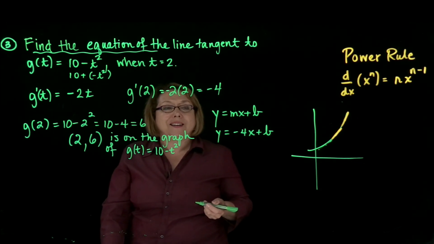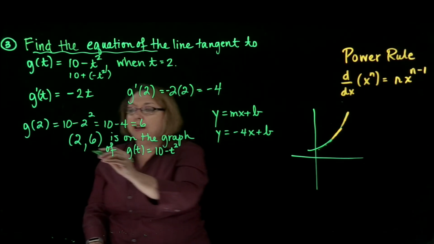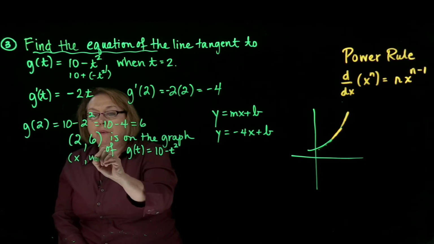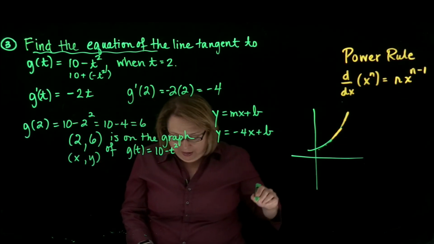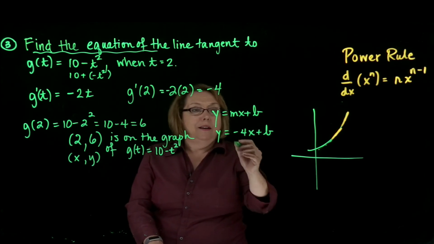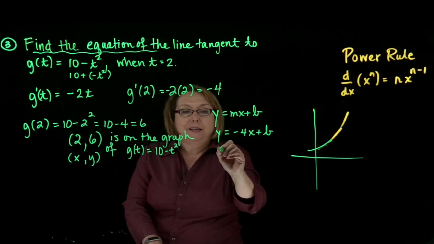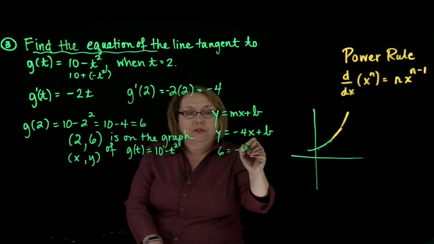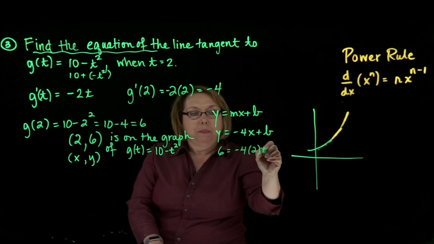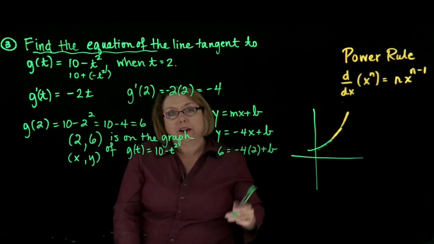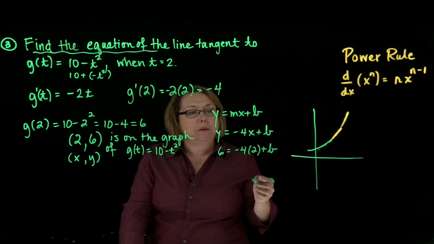So let's go ahead and plug in our xy ordered pair that we now know. y is 6, and x is 2. And now I can solve for b. I only have one variable.